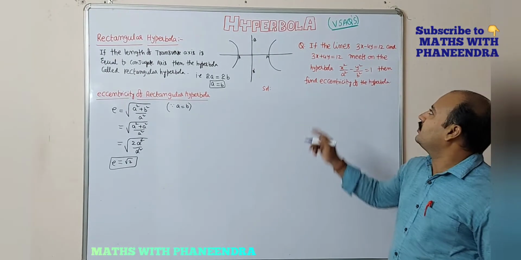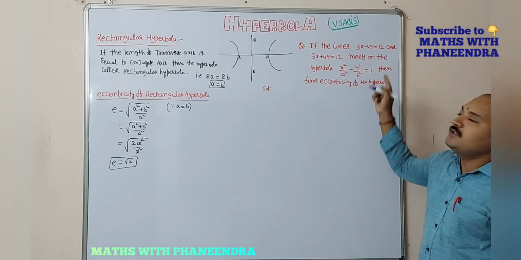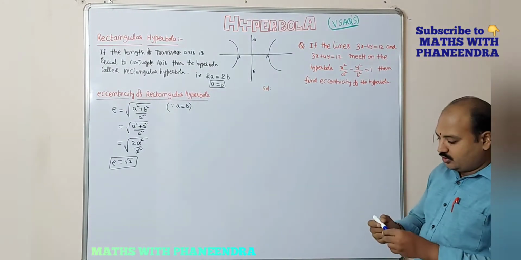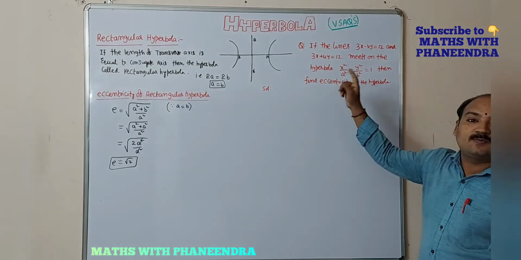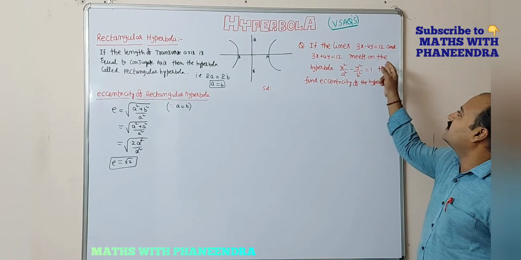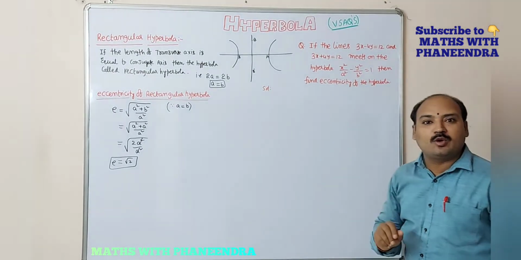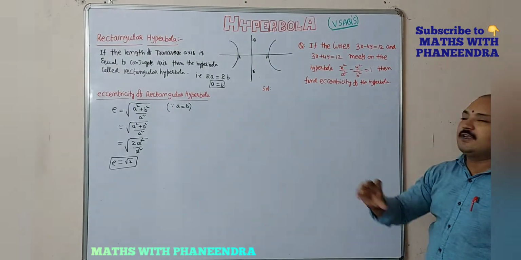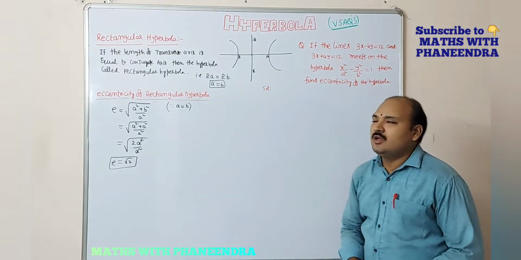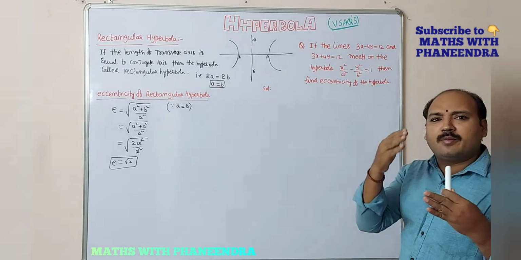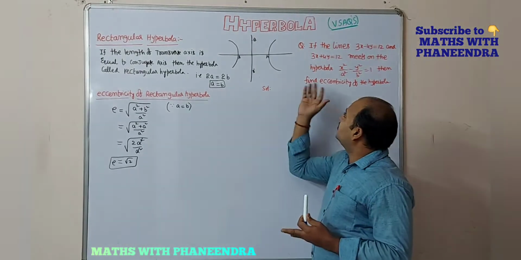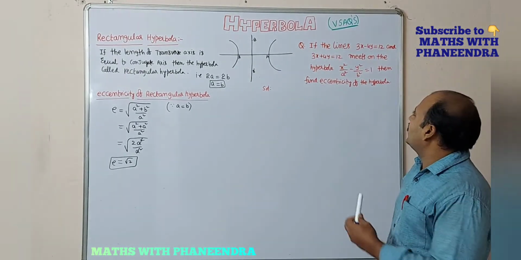The next question: if the lines 3x minus 4y equal to 12 and 3x plus 4y equal to 12 meet on the hyperbola x square by a square minus y square by b square equal to 1, then find the eccentricity of the hyperbola. Whenever lines are given which meet on the hyperbola, how to calculate it?